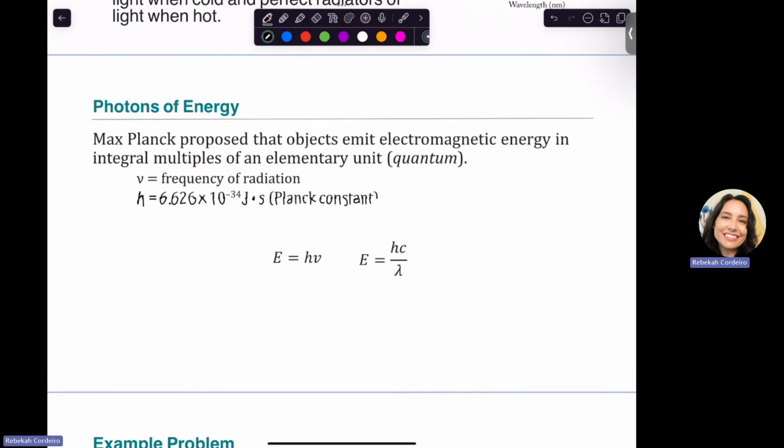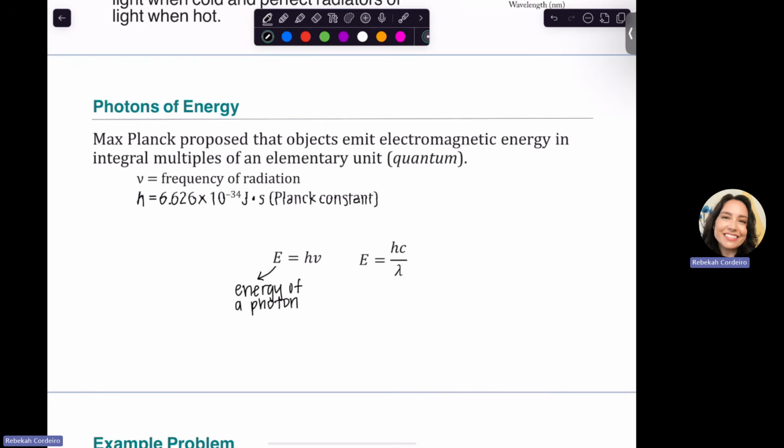And this formula relates the energy. Now, specifically, this E is the energy of a photon. A photon is a packet of light energy. This h is Planck's constant, and the nu is the frequency.